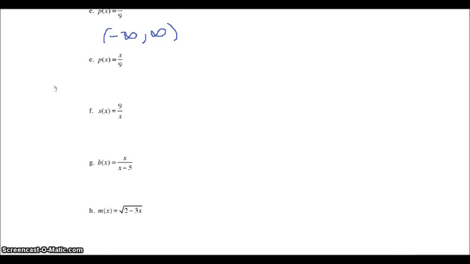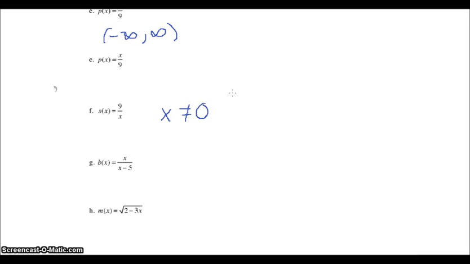Part F, s of x equals 9 over x. So here we do have to worry about the denominator being 0. Note that x cannot equal 0, because then we'd have 9 over 0. Our function would be undefined. 0 is not a possible input value.